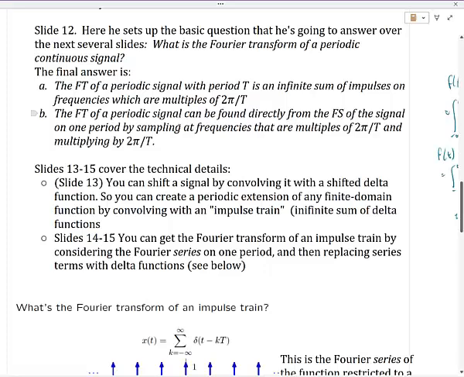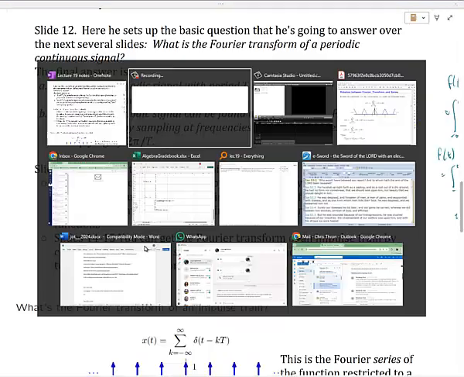So here we have some technical details. That's what we just talked about: you can shift a signal by convolving it with a shifted delta function. So if we get a periodic extension, we want to shift the triangle wave by several values.